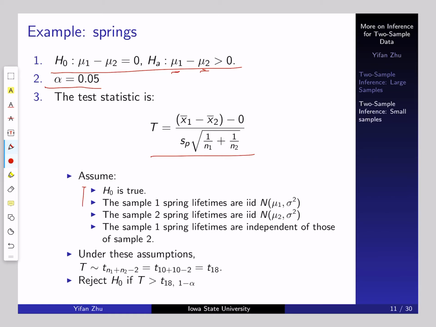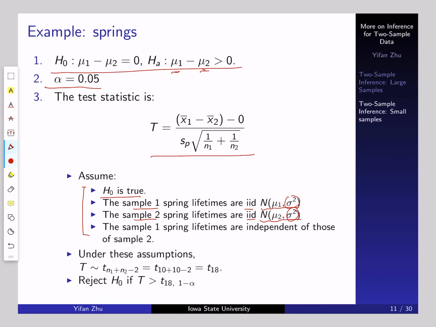These are the assumptions. H0 is true. Sample 1 and sample 2 are both IID normally distributed with the same variance. So sample 1 is IID normal mu1 sigma squared, and sample 2 is IID normal mu2 sigma squared.